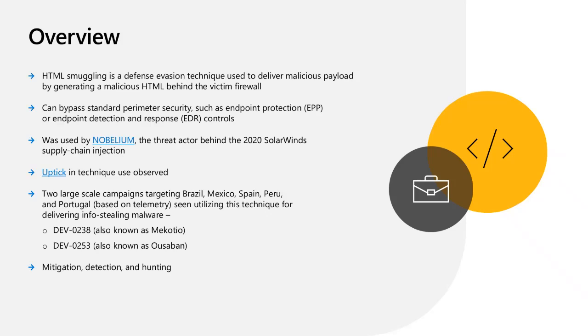Also, there are virtually many different ways to code HTML smuggling, so it's always been a challenge to write detections for all of these variants. Many of these techniques also use legitimate websites. We'll see more about this technique in the coming slides with examples.